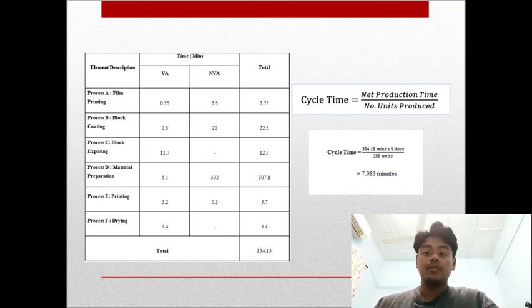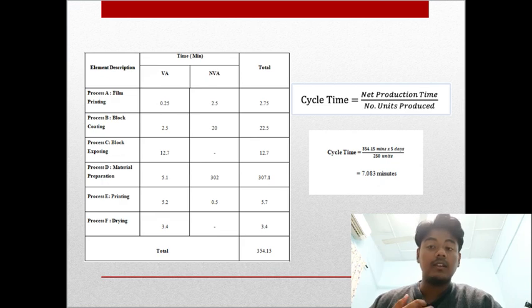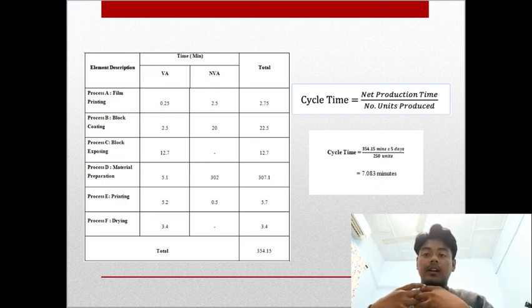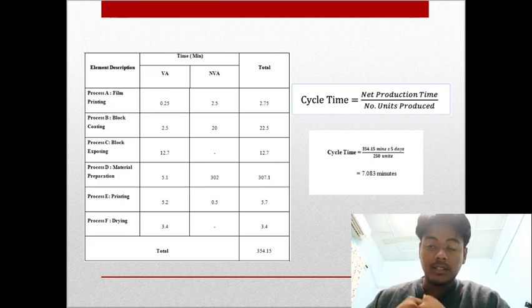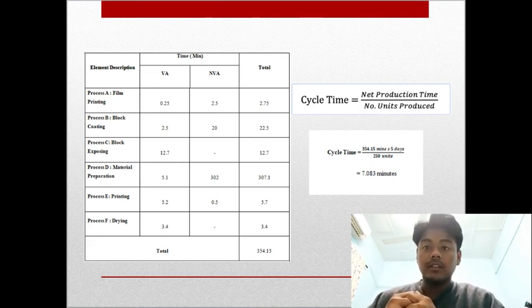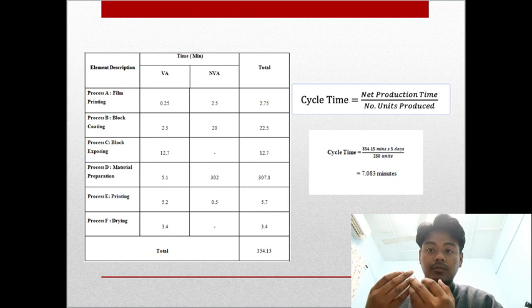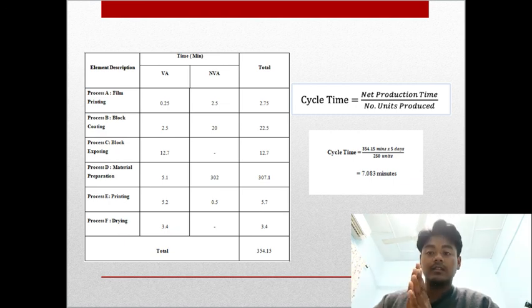For this case, to calculate the cycle time for this process, we need to total up the time taken in both value added and non-value added for each process. After we total up the time, we need to divide by the units produced for the week.